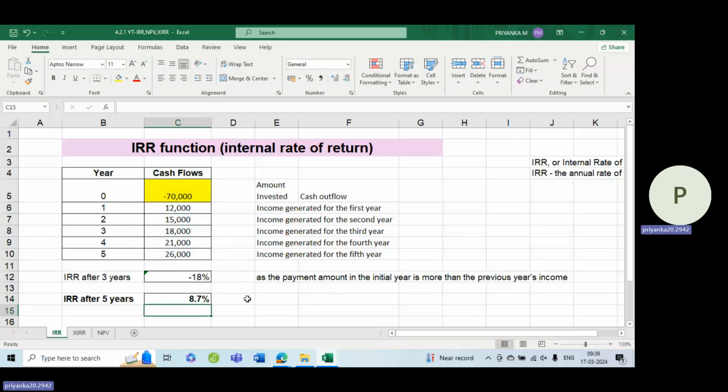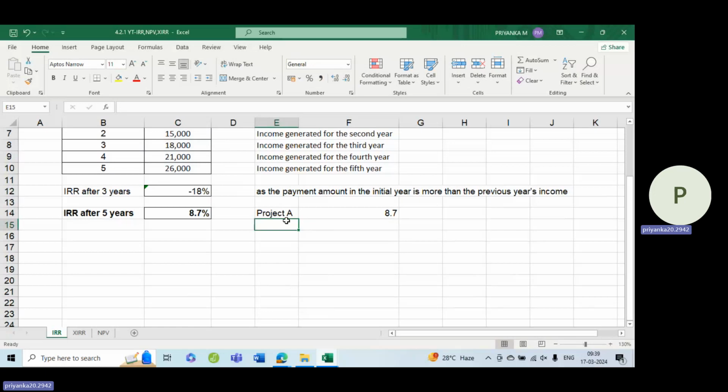In an exam, they may ask a question like: in project A, you're getting an internal rate of return of 8.7 percent, and in project B, you're getting an internal rate of return of, let us say, 10 percent.